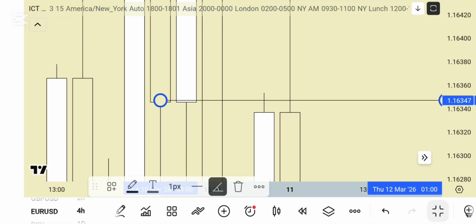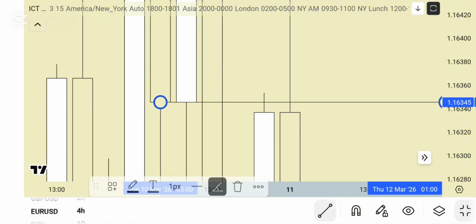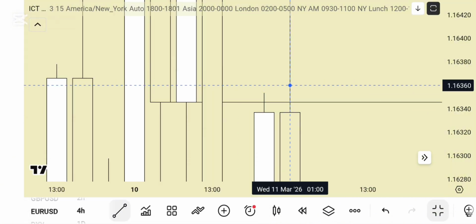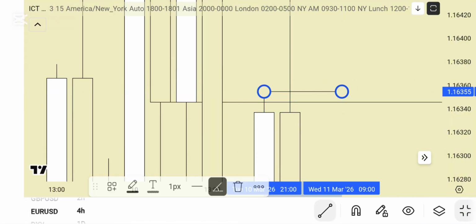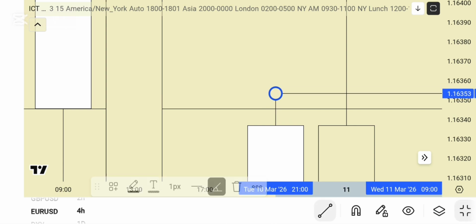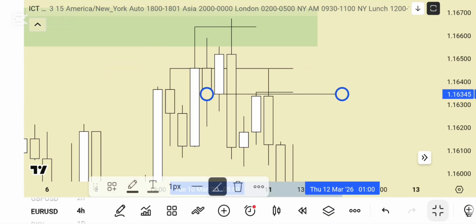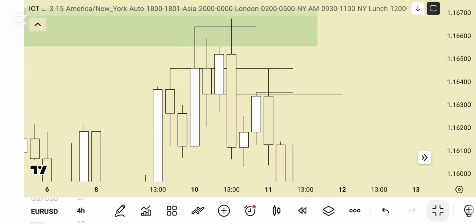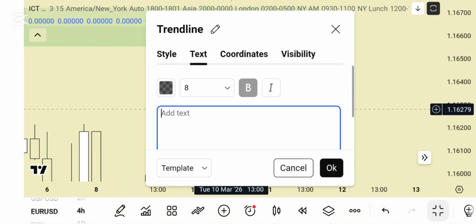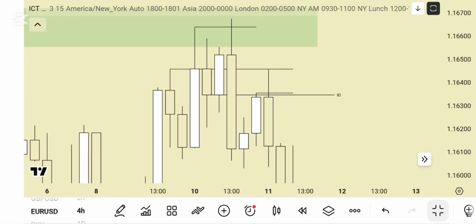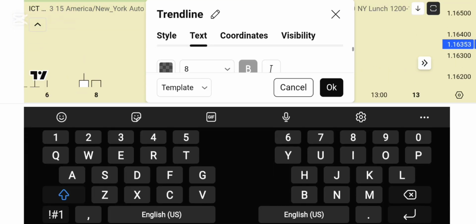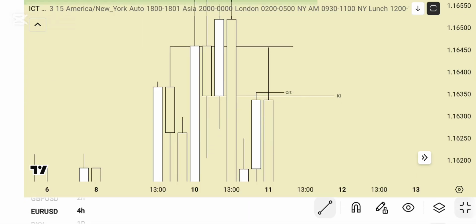Do we have any 4-hour CRT? Yes, sir. We have a 4-hour CRT here. Soup, right? Key level. Key level, right? And also 4-hour CRT. Am I right? Yes.